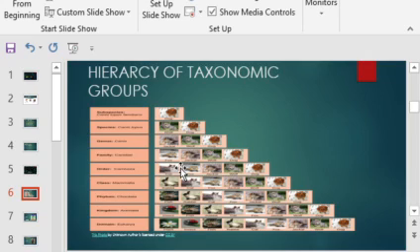But bear in mind, our classification system really starts at kingdom. Domain is higher than kingdom, but we will start at kingdom, and the end point would be species, although we do have subspecies.